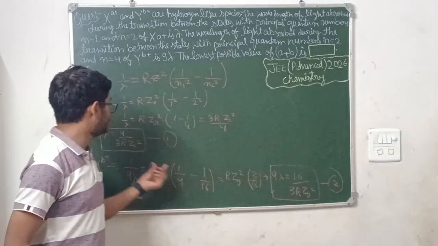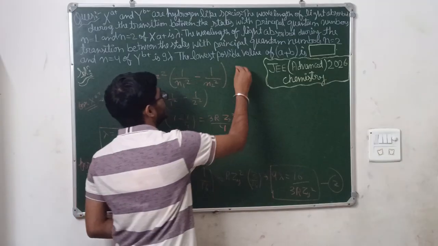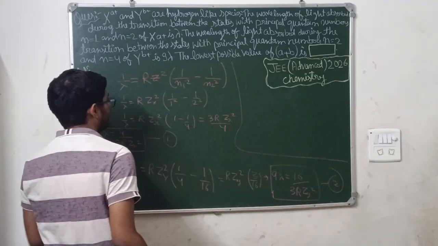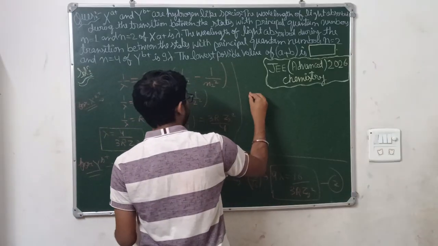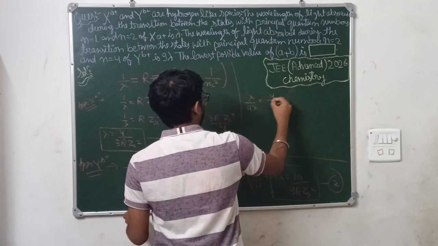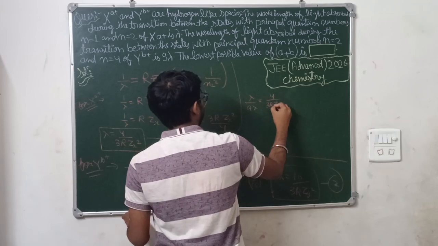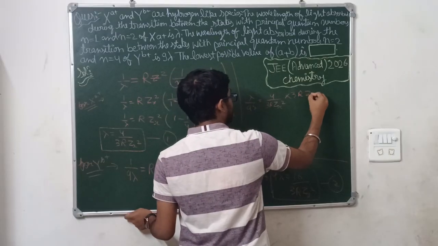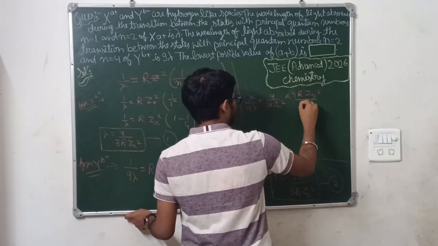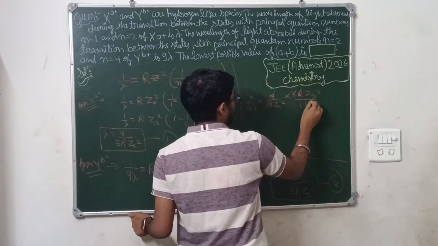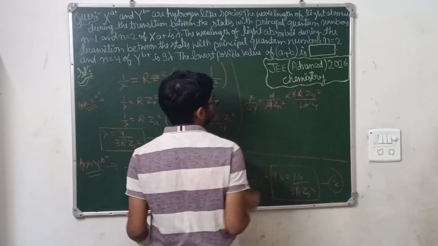Now you need to take the ratio of equation number 1 and 2, and you will get a beautiful relation. Taking the ratio, lambda upon 9 lambda equals 4 upon 3 R Zx square into 3 R Zy square upon 16. R cancels, 3 cancels, 4 4s are 16, lambda cancels.